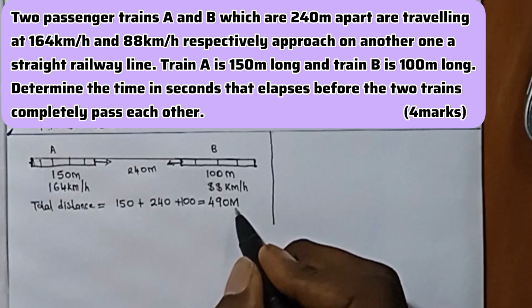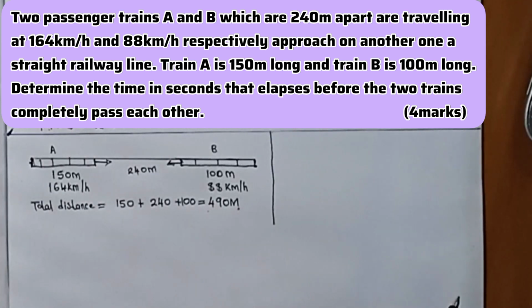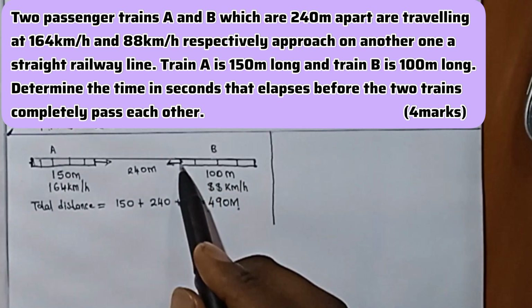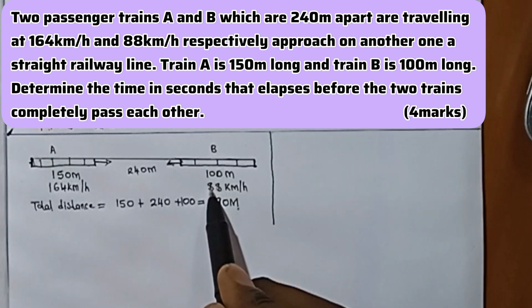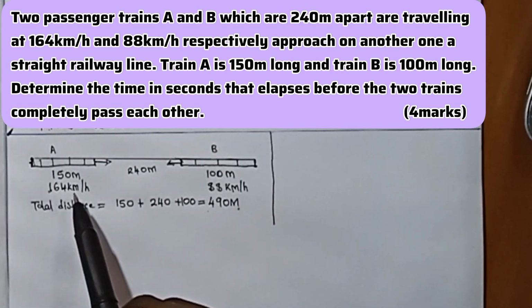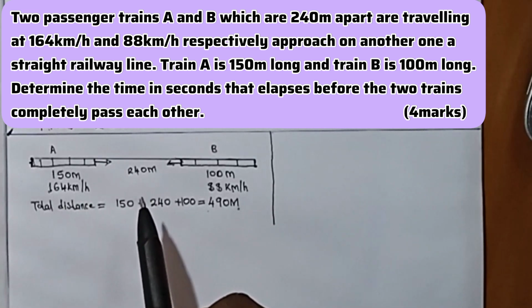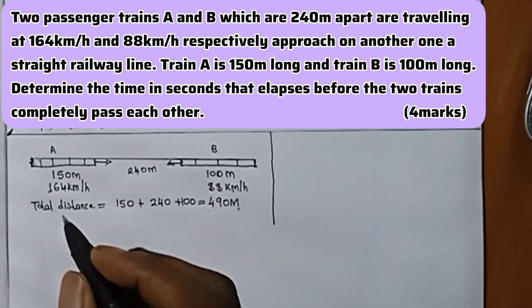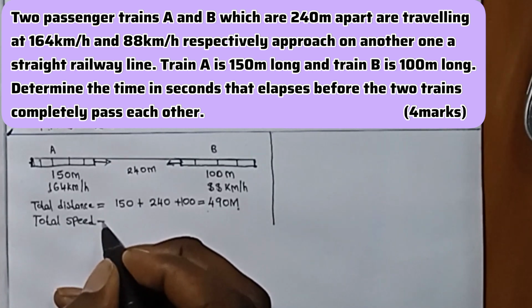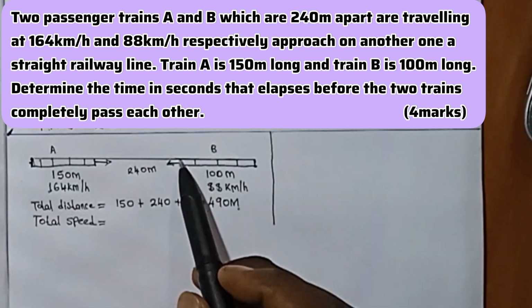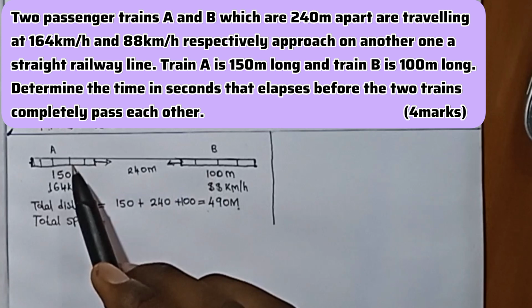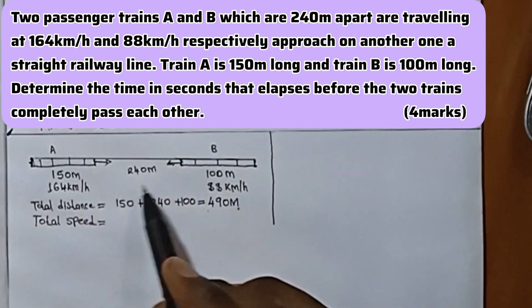So this is the distance between the two trains, and that distance is being covered by two trains. This train is moving at 88 kilometers per hour, and this other train is moving at 164 kilometers per hour. So in order to get the total speed, because this distance is being covered by two motions, from this side and from the other side, we are going to add the speeds.